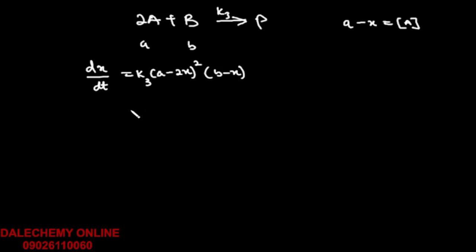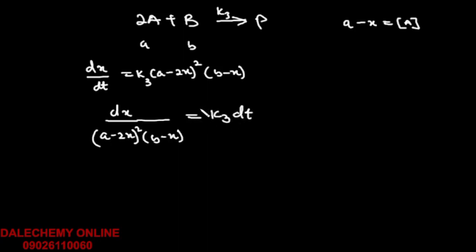If you want to find the integral rate law, you need to integrate this. Now to integrate, you need to separate your variables, and that was the dx over dt, so by the time you divide both sides by a minus 2x to the power of 2 times b minus x, you have dx over a minus 2x squared times b minus x equal K3 dt. It's very easy, okay?